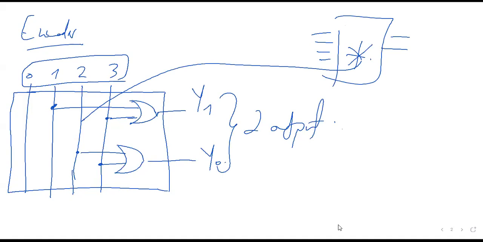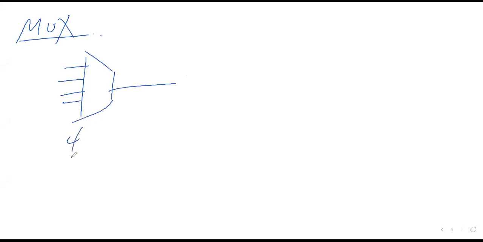Another example, we can add another example. We use a mux, a multiplexer. The symbol of a multiplexer looks something like this. This is a 4 to 1 mux.